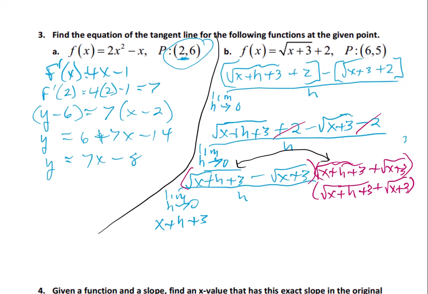Since this is a difference of two squares, I've got this thing squared, which brings it out from under the radical, which gives me minus x plus 3 over h.